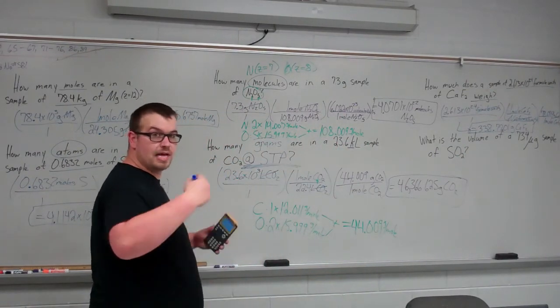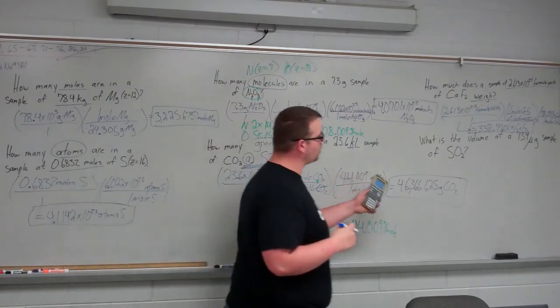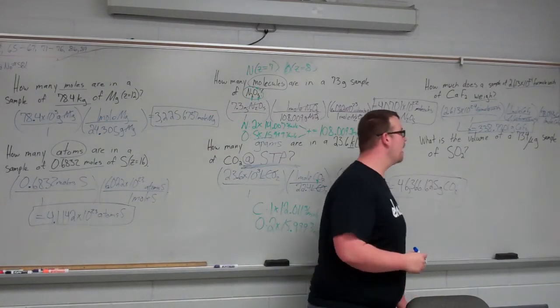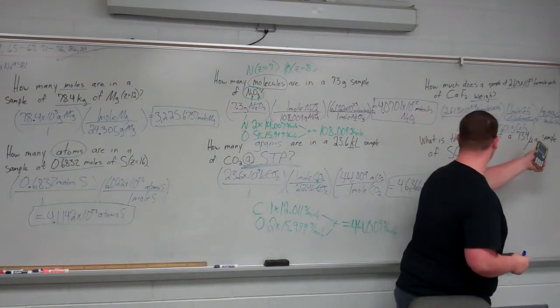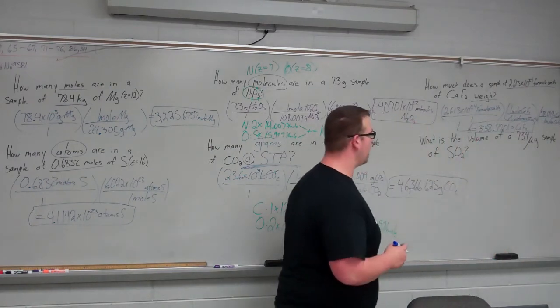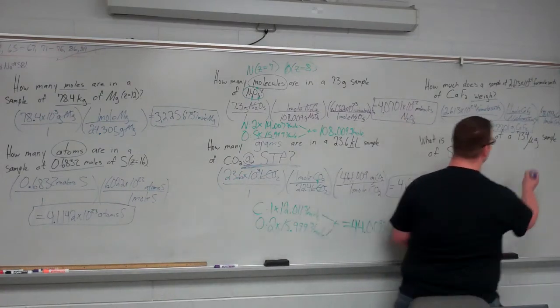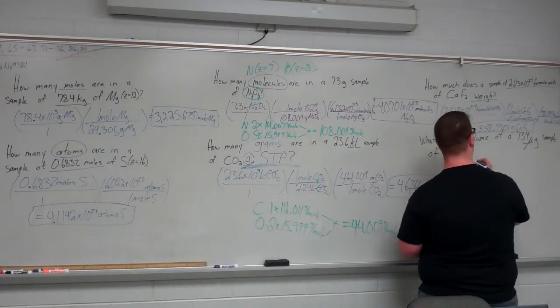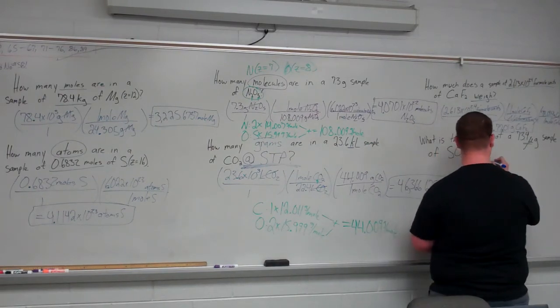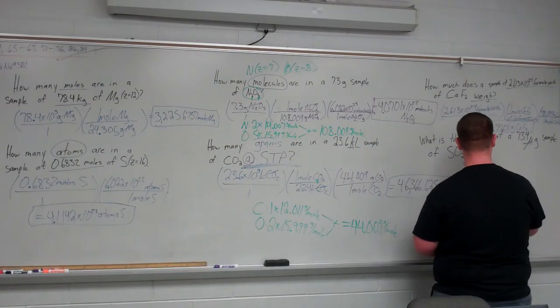Okay, last problem down below it. What is the volume of a 73.4 micrograms sample of sulfur dioxide? You're going to have to do the same steps here, but realize there is a metric conversion. So we're going to have 73.4 times 10 to the -6 grams.